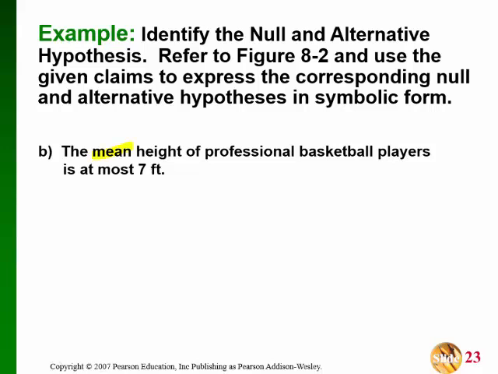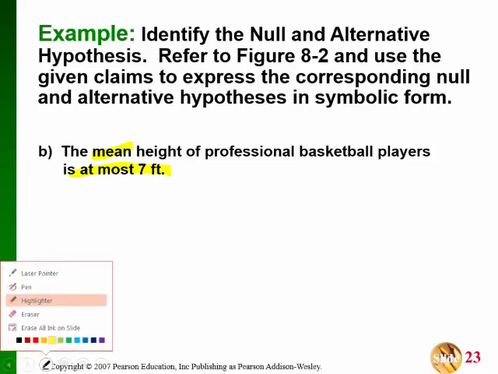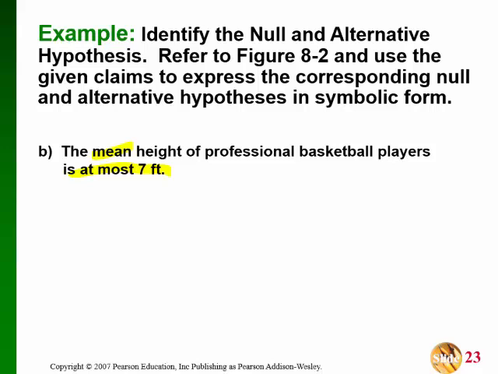And I'll highlight at most 7 feet. So I'll get this started. I know that my claim is going to be what? The first thing is a symbol. What is it? Mu, the mean. Okay, so that's the first important part. You're dealing with a mean, so it has to be mu.